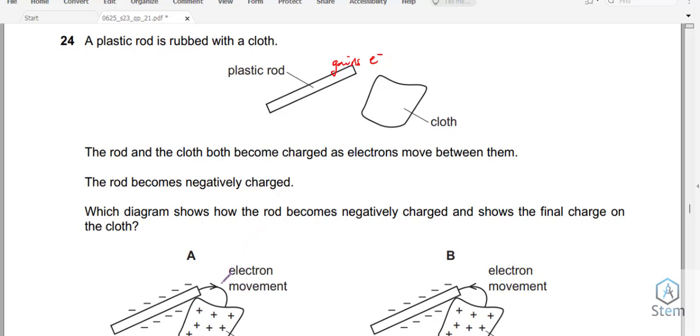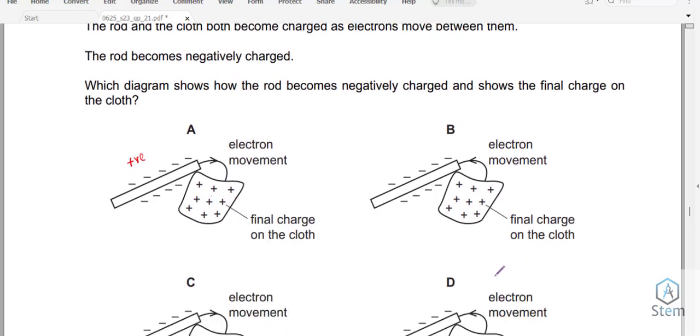We look at A. Electrons, when they move from the rod to the cloth, that would make the rod positive and the cloth negative. So A is not correct. We want a situation where electrons are in excess in the rod rather than the cloth.